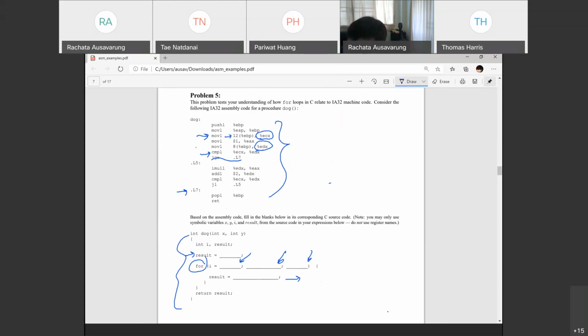And what's in EDX is whatever is at the base pointer plus 8. So these two things would go in here. Is that the condition checked to exit the loop?